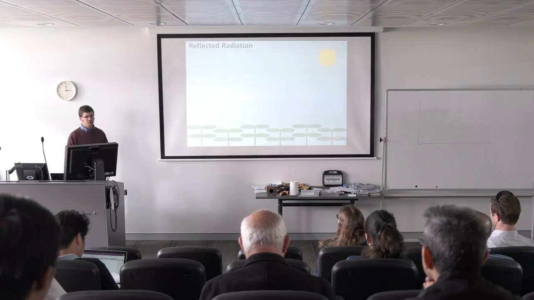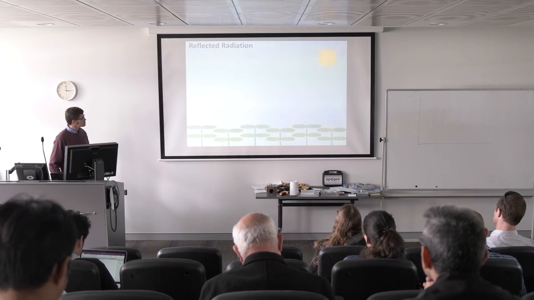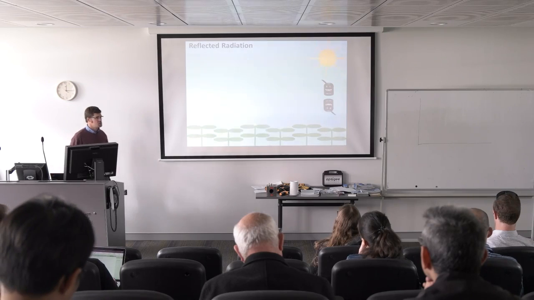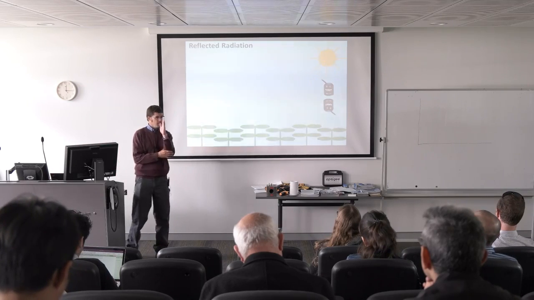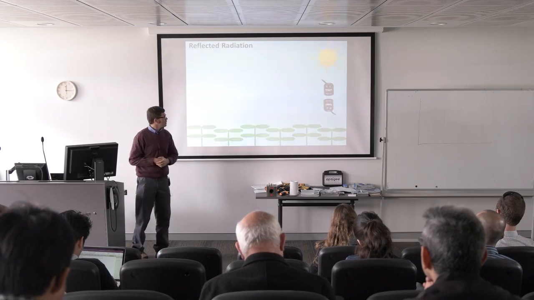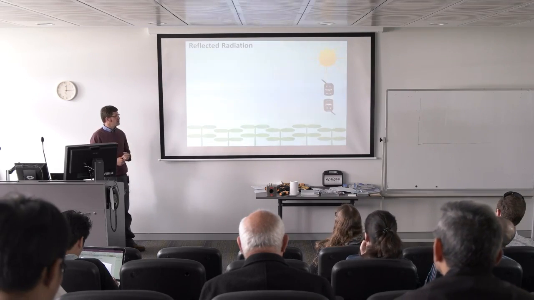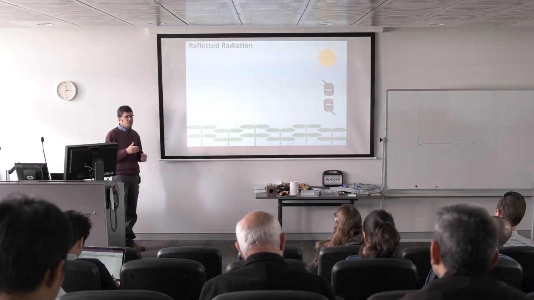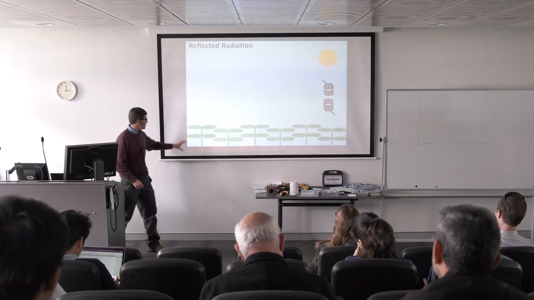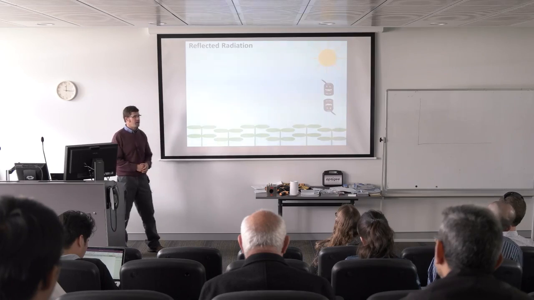So real quick, I mentioned reflected radiation a minute ago, so I won't spend too much time on this slide. But you can also measure reflected radiation using quantum sensors, where you orient one up and one down, and then if you take the ratio of those two numbers, you get the reflectance, and 1 minus that number gives you the fraction of the photosynthetic radiation that was absorbed by the plant canopy.